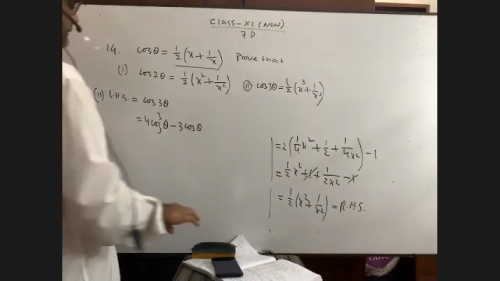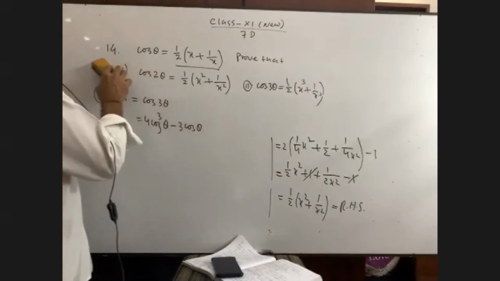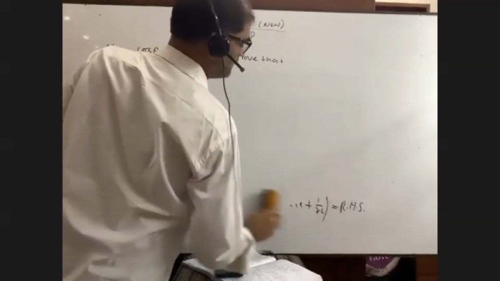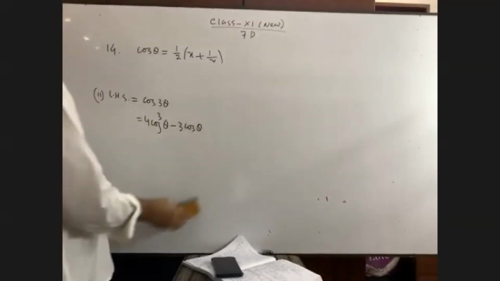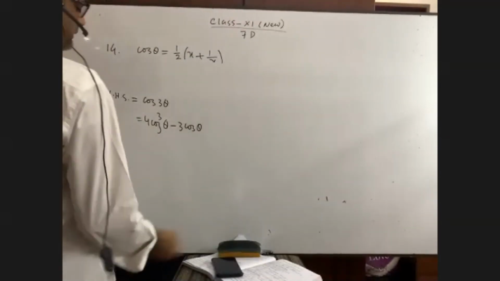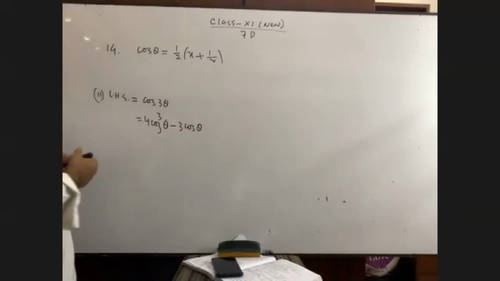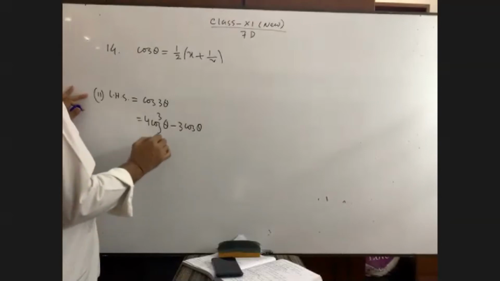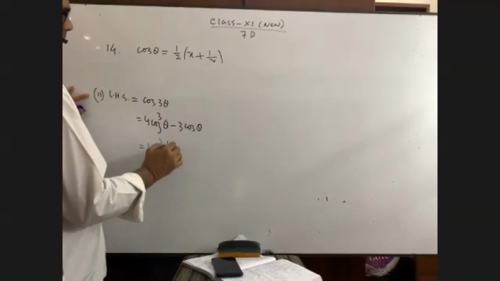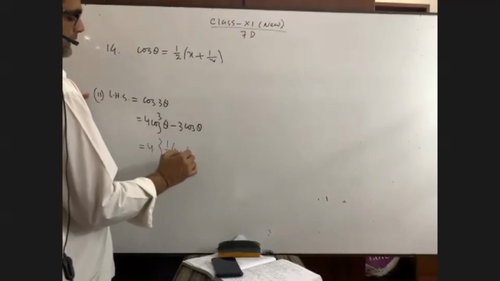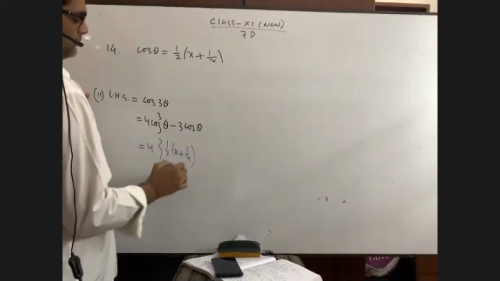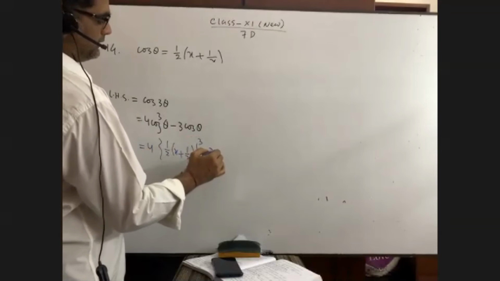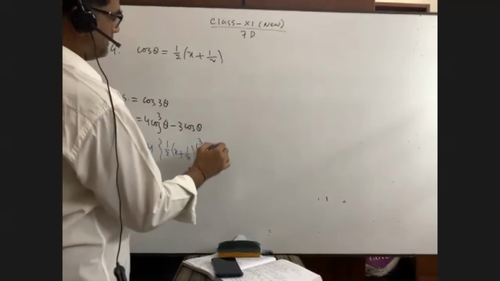Math is done, yes, sir. All of you, it is what? 4 times half, x plus 1 by x, minus 3 cos theta.